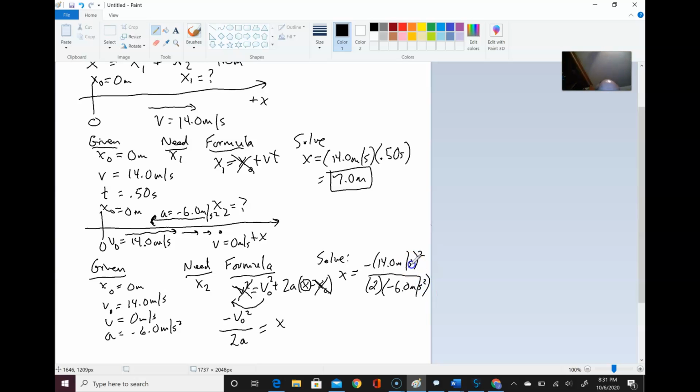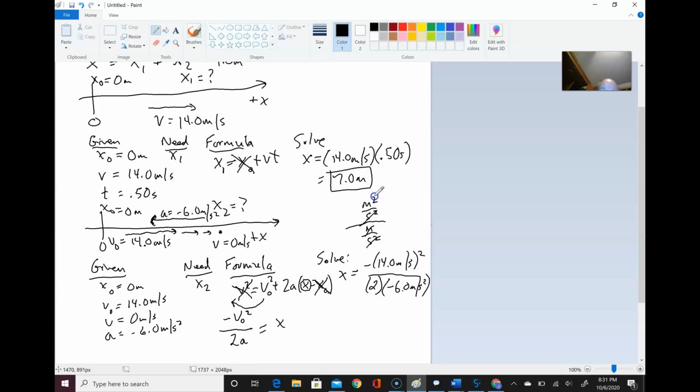And now notice the 2 negatives here make it so that this number is going to be positive, and that's what I need, right? It's going to be positive. And let's look at something else here. In the top, I've got meters per second, and I'm squaring that. And if I square meters per second, that gives me meters squared per second squared. And then I'm dividing that by meters per second squared. And those are going to cancel out.